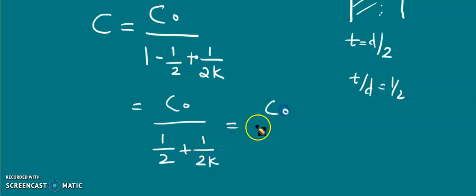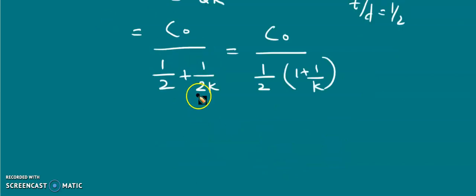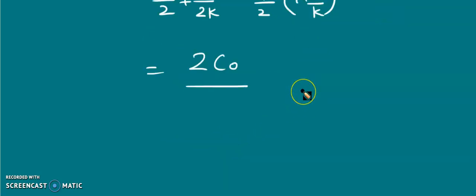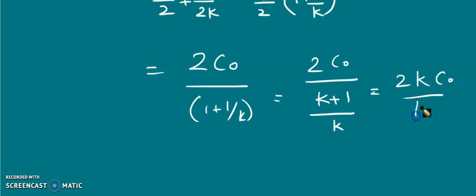So that is C0 divided by half into 1 plus 1 by K. So this half will go to the numerator and it will become 2 C0 divided by 1 plus 1 by K. So this 1 plus 1 by K can be written as 2 C0 divided by K plus 1 by K. So this is equal to 2K C0 divided by K plus 1.